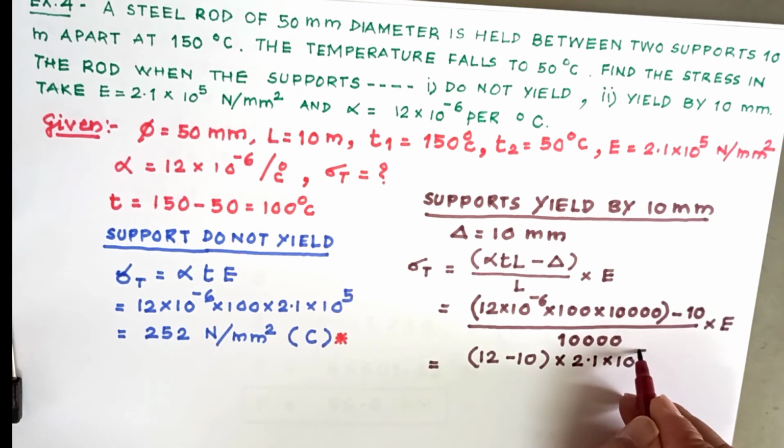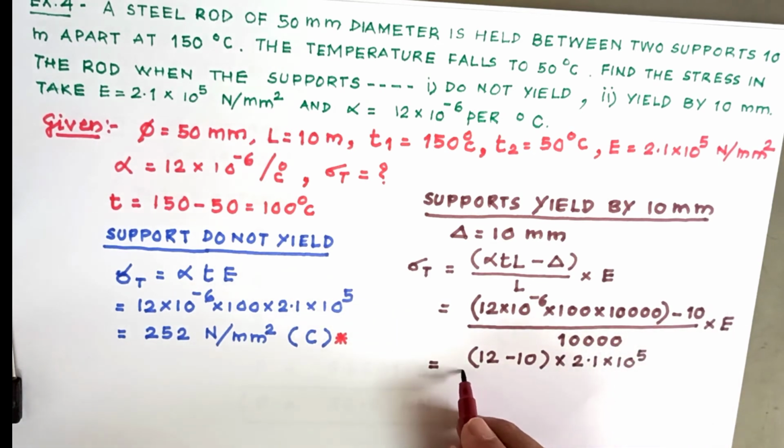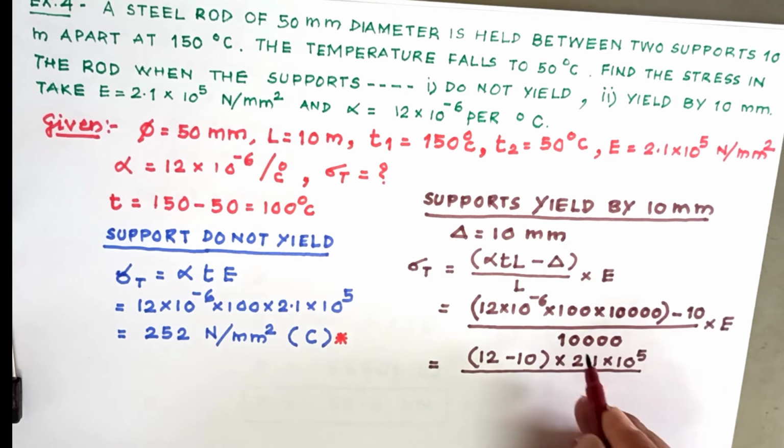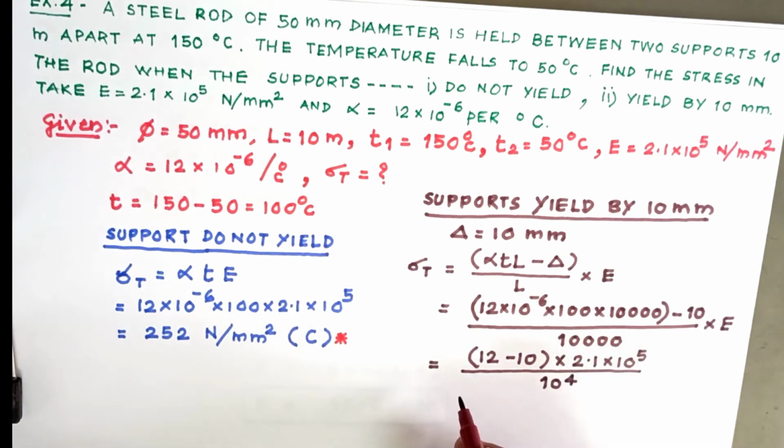This is value of E divided by 10,000, means 10 raised to 4. So if you simplify this, this will come out to be 42 Newton per mm square.